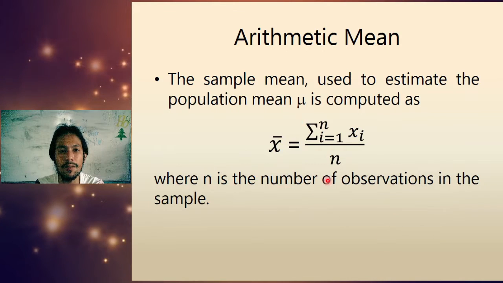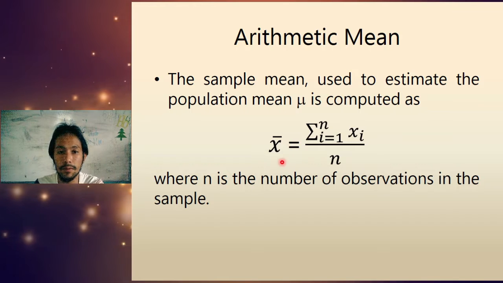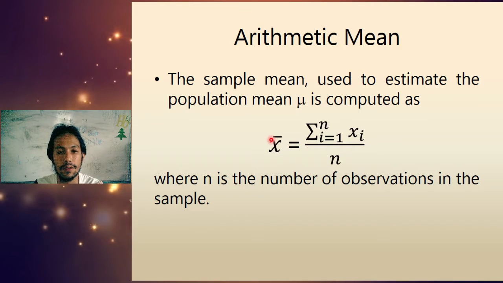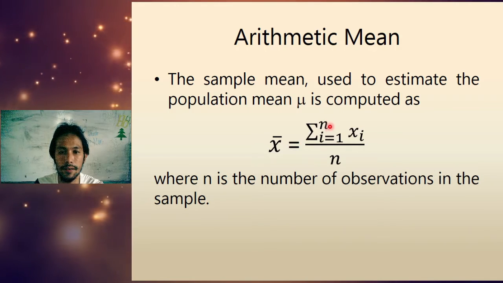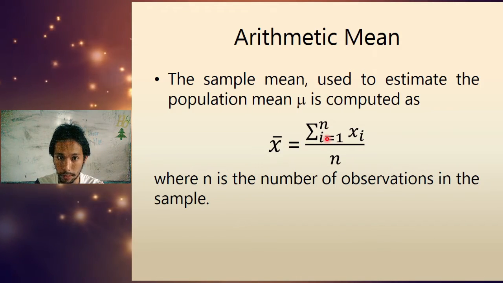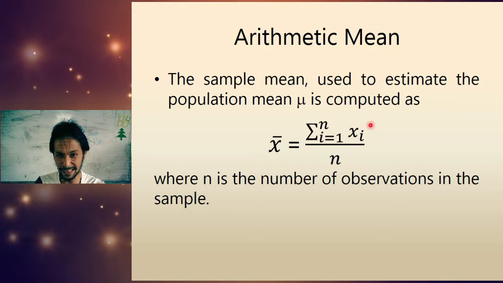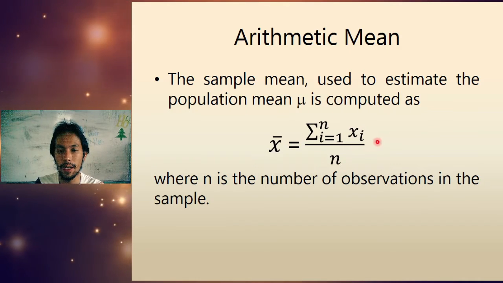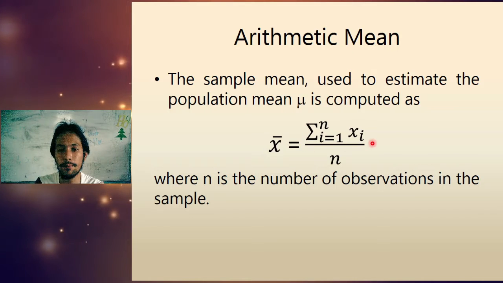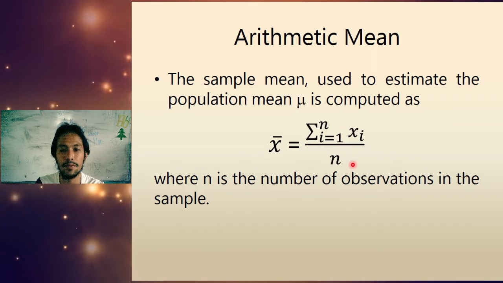The sample mean used to estimate the population mean mu is computed as: mean equals summation of x sub i over n. Kung pasabot ani, kanang naa sa babaw ang total sum sa tanang observation over n, which is the total number of observations.